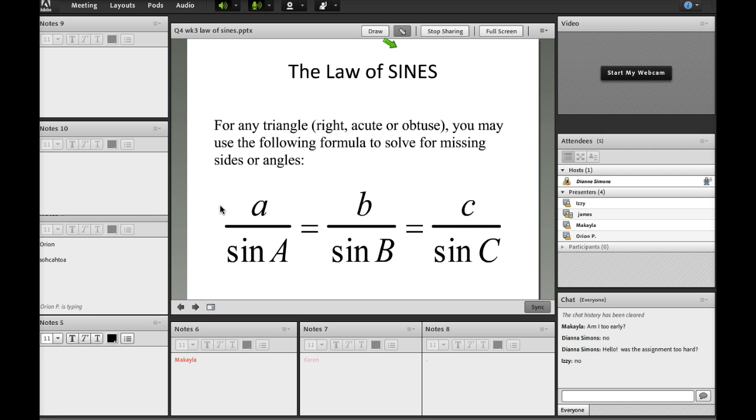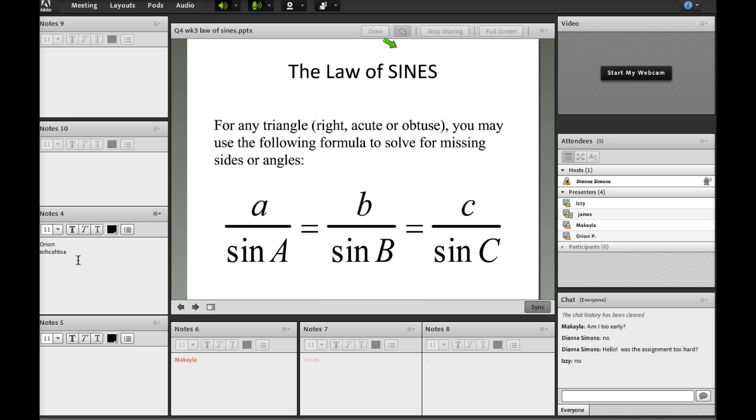Everyone look over here at Orion's notepad. This is what you use. SOHCAHTOA. Sine is opposite over hypotenuse, cosine is adjacent over hypotenuse, and tangent is opposite over adjacent. That is what you use when you do have a right triangle, okay?